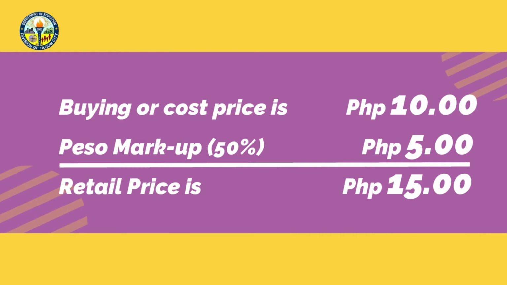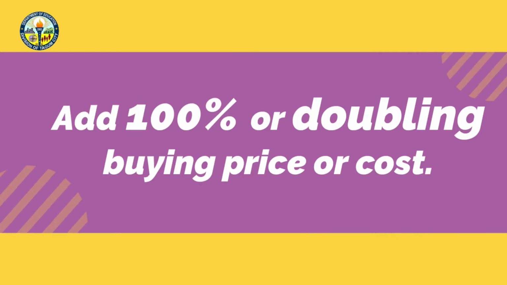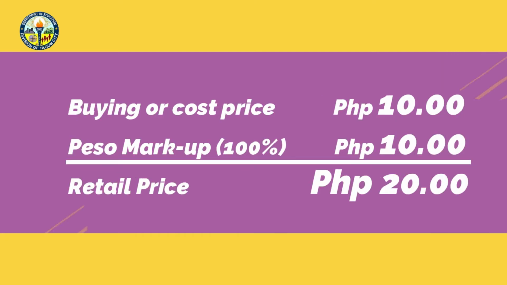The retail price will be 15 pesos. This is what happens when you add 100% of doubling the buying price or cost. Buying or cost price, 10 pesos. Peso markup, 100% of the buying or cost, 10 pesos. Retail price, 20 pesos.